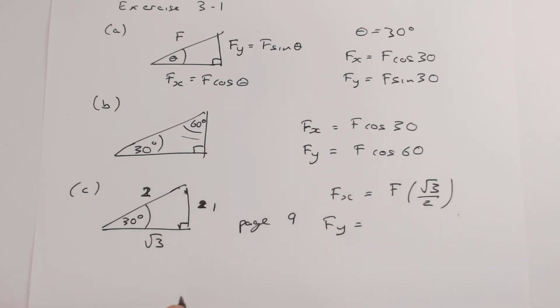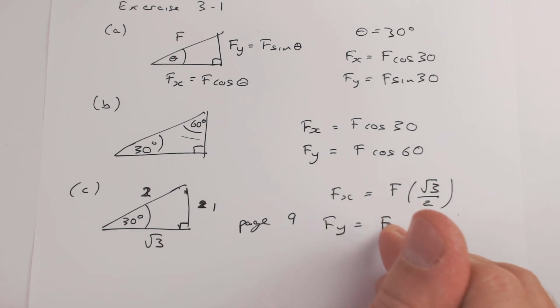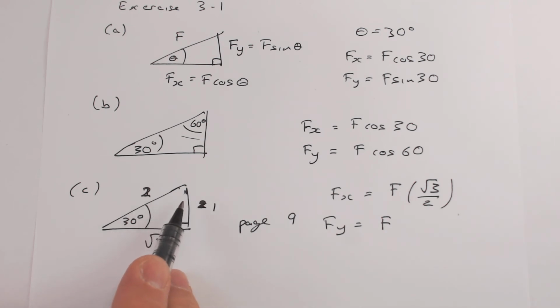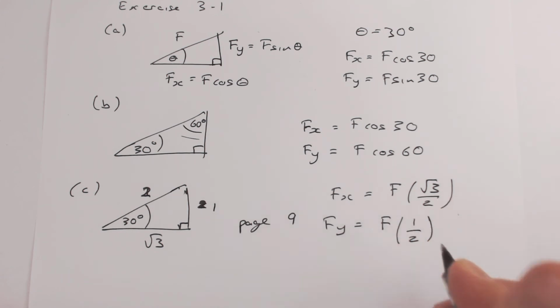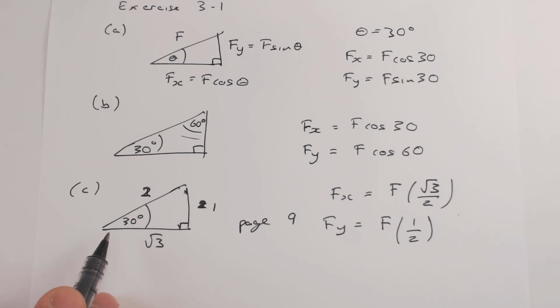Fy. So here, two ways I could approach this. I could say, well, let's treat this as a cos. So my adjacent is 1 and my hypotenuse is 2. So that's one way I could do it. 1 divided by 2. Or I could go back and use my sine.